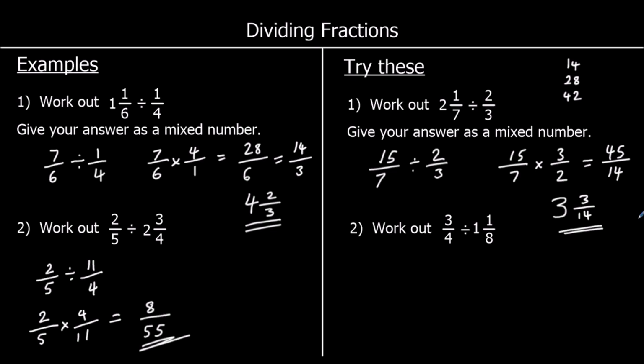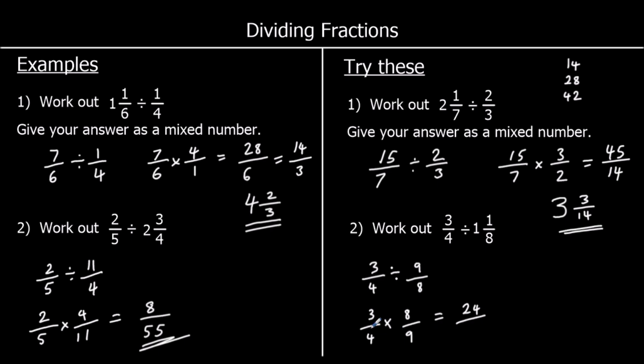Question 2. 3/4 divided by 1 1/8. So 1 whole one is 8/8 plus 1 is 9/8. So we want 3/4 times 8/9. Times the top, 3 8s are 24.